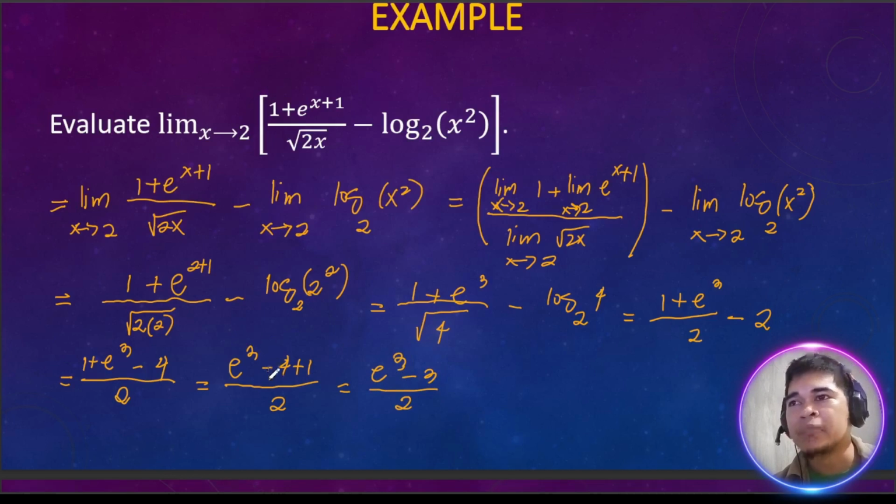Okay? Negative 4 plus 1 is negative 3. So the limit of 1 plus e to the power of x plus 1 over the square root of 2x, minus the logarithm of x squared to the base of 2, as x approaches 2, is e to the power of 3 minus 3, all over 2.